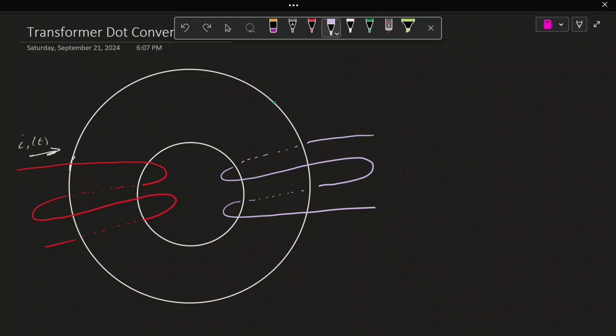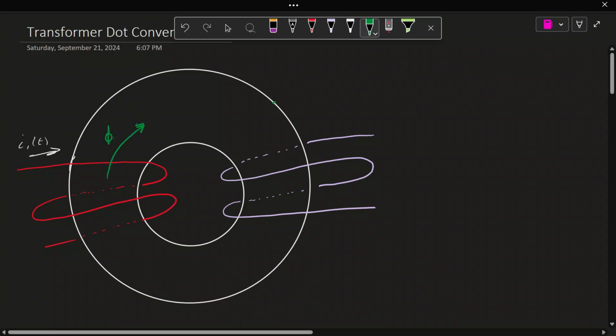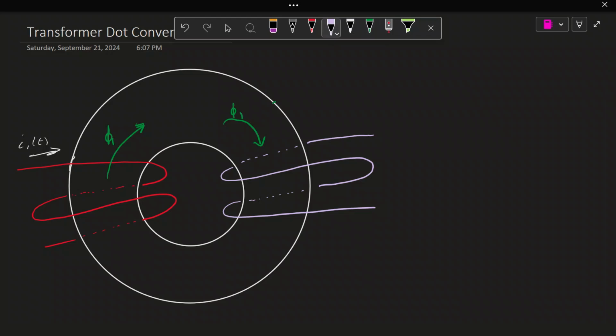The wire is above the core, so your palm will be facing down, and you wrap your hand around the core. Which way is your thumb pointing? Well, your thumb is pointing up. So our flux will go clockwise, and into our secondary winding. Okay, well, that's good to know.